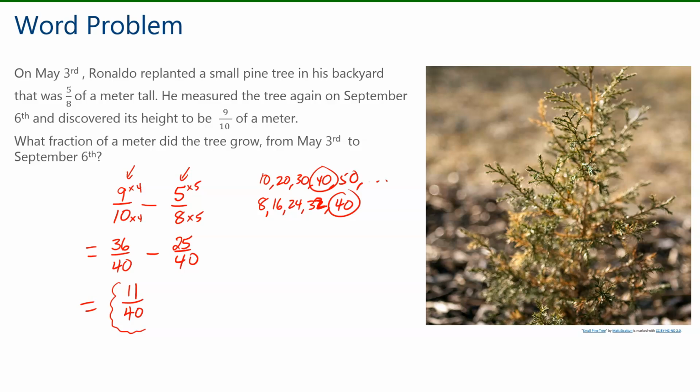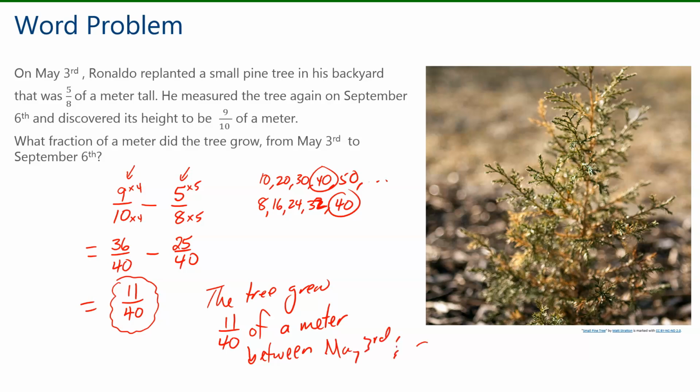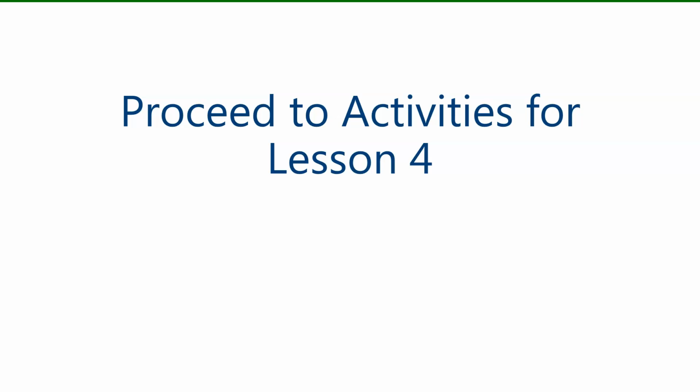No, it cannot. So how much did the tree grow? The tree grew 11/40ths of a meter between May 3rd and September the 6th. And now I would like you to proceed to the activities for Lesson 4.